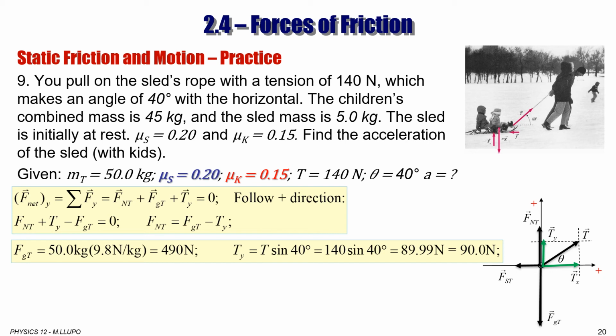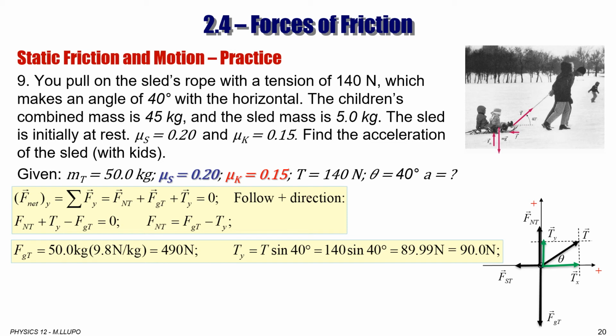Fg total is the mass times acceleration, which is 50 times 9.8, equal to 490 Newton. The y component of that tension is opposite of that angle, which means that we use sine. So it's 140 Newton times sine 40, equal to 89.99.